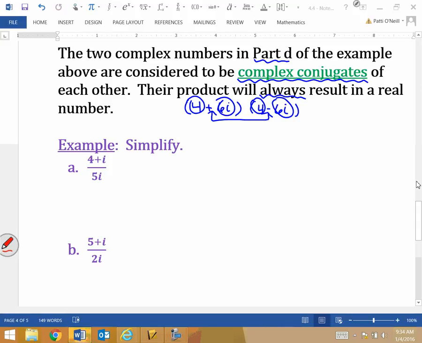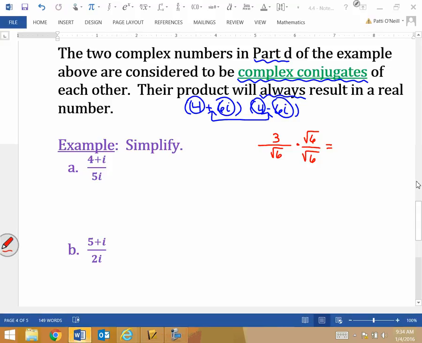If I gave you, we'll do a side problem over here, 3 over radical 6, I'm hoping that you would recognize the fact that this form isn't good and that we need to rationalize by multiplying by radical 6 over radical 6 to get the radical out of the denominator.